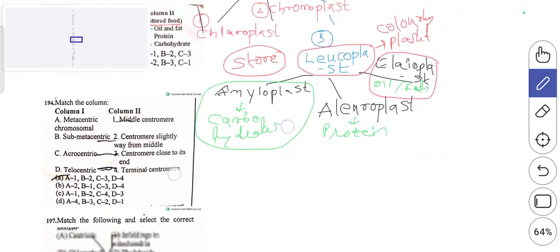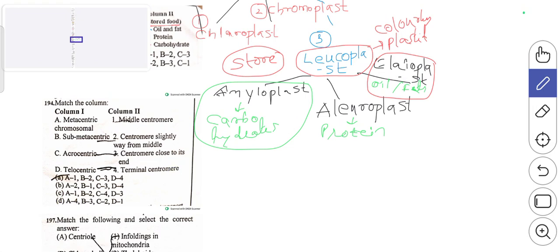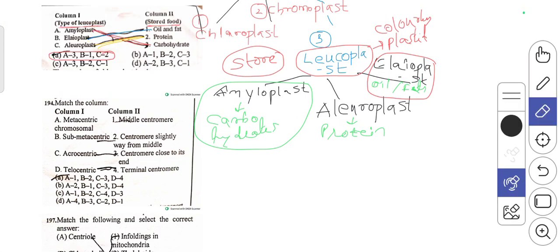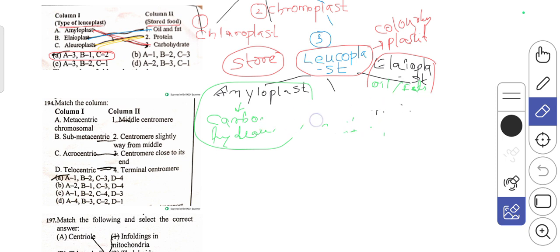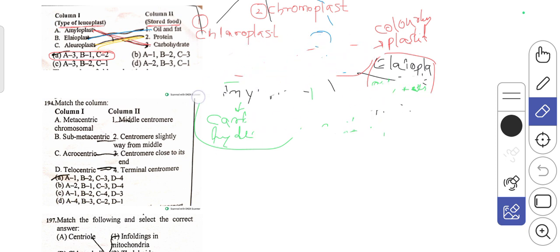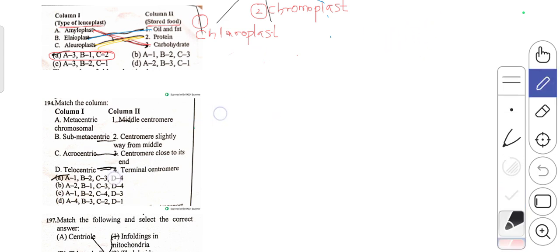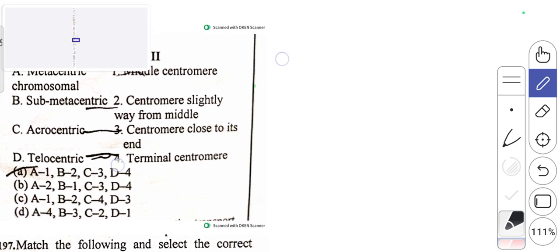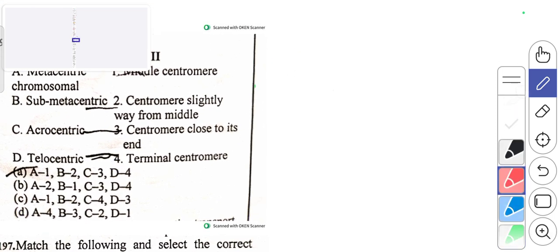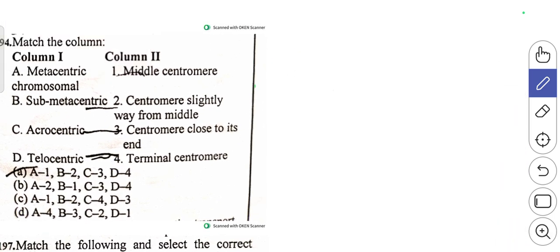Next one. So let's discuss the next question. It is regarding chromosomes.